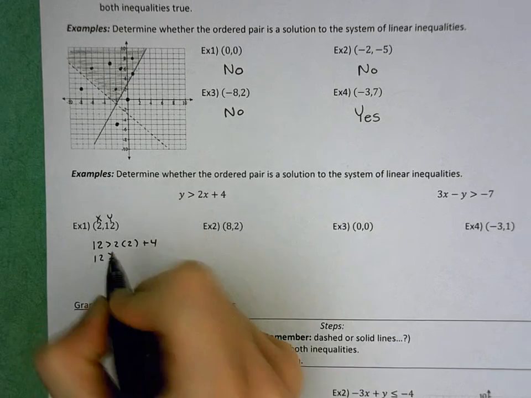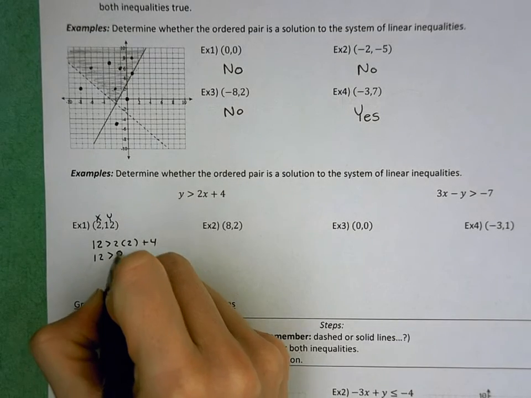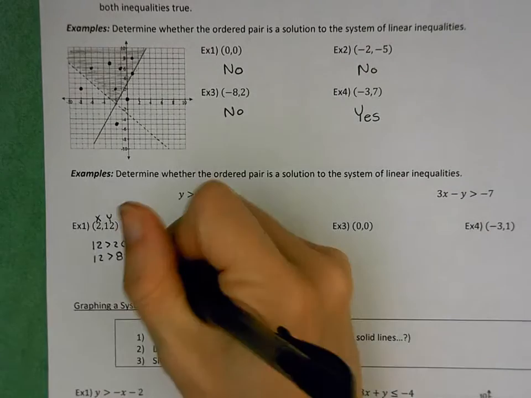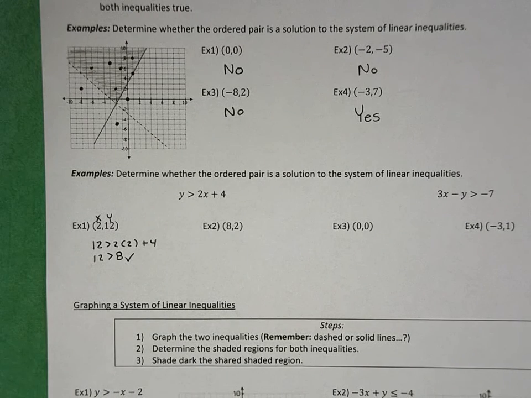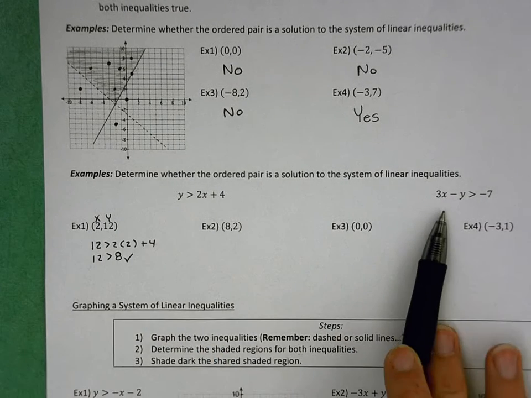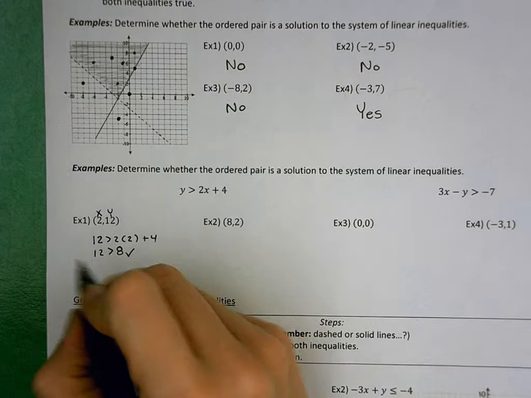And 2 times 2 plus 4, 2 times 2 is 4 plus 4, which is 8. Is 12 greater than 8? Yep. So far so good, but we don't know yet that it's a solution. Because if it's a solution, it's got to also make this inequality true. And so you do have to check them both. Okay, so we're going to go ahead and plug that in.